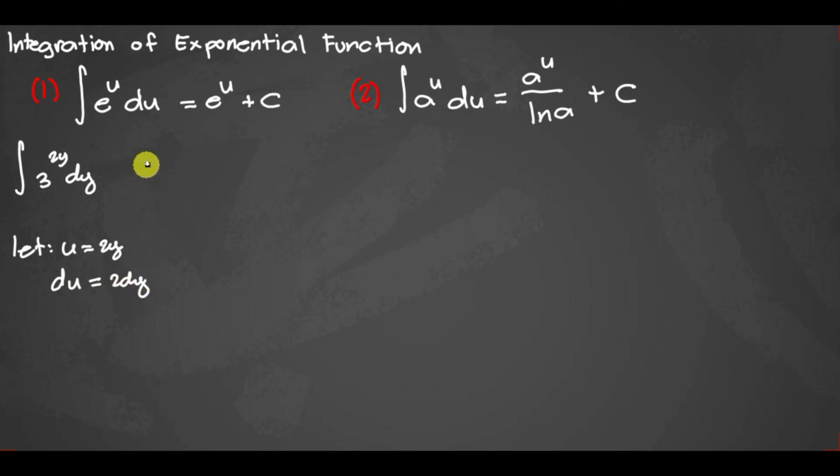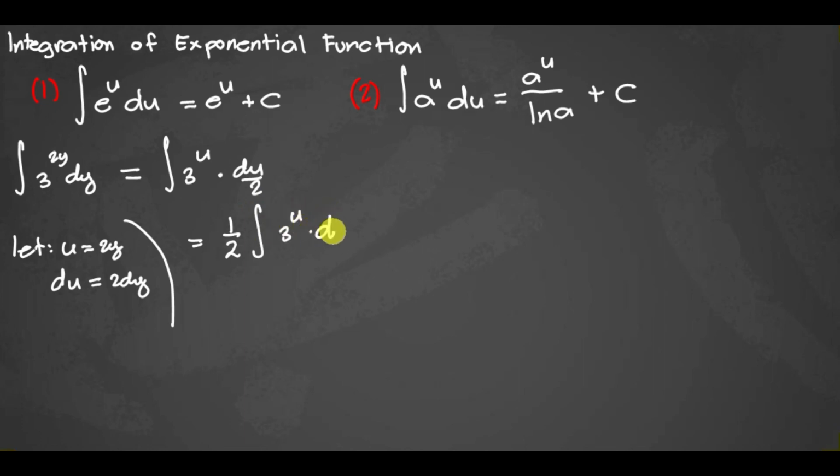Substituting our newly assigned variables into our given integral, this becomes the integral of 3 raised to u multiplied by du over 2. Taking the constant out, we have 1/2 the integral of 3 raised to u du.